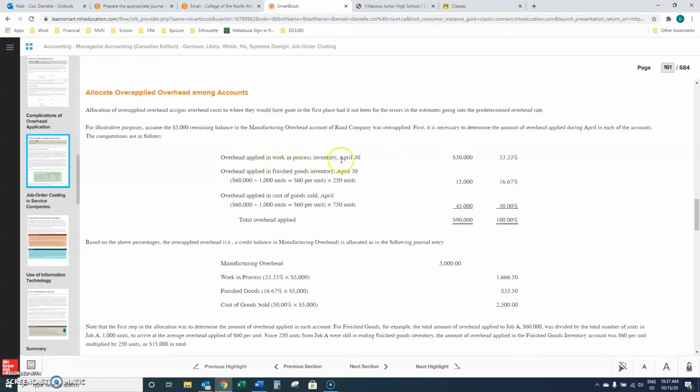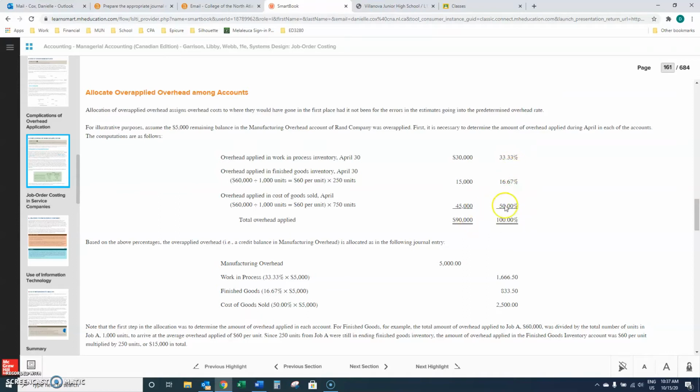So work in process had 30,000, finished goods had 15, and cost of goods sold had 45 for a total of 90,000. So then you take the percentage, so 30,000 divided by 90,000 is 1/3. 15,000 divided by 90,000 is 16.67%, and 45,000 divided by 90,000 is 50%.